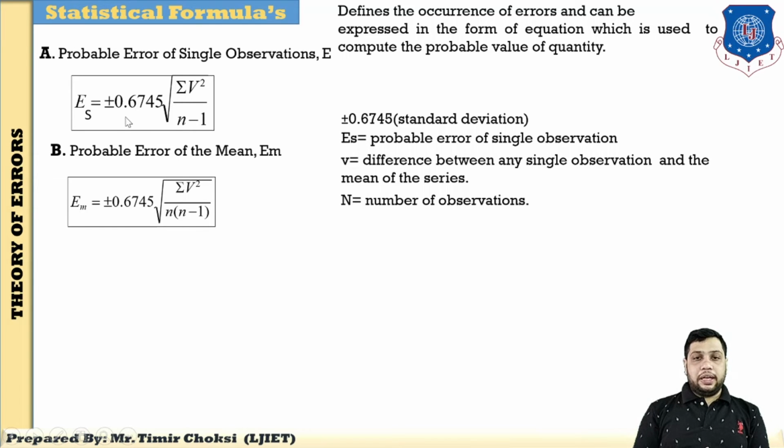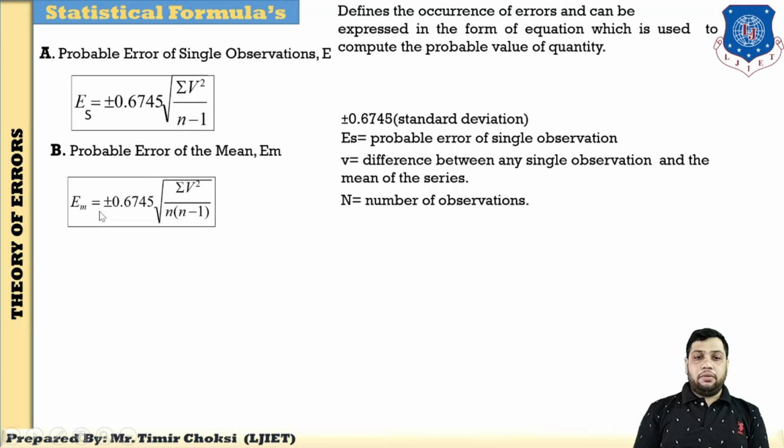ES means probable error of a single observation, plus minus 0.6745 is the standard deviation, V equal to residual error, and n equal to number of observations. Similarly, the probable error of the mean is plus minus 0.6745 under root summation v square divided by n minus 1.